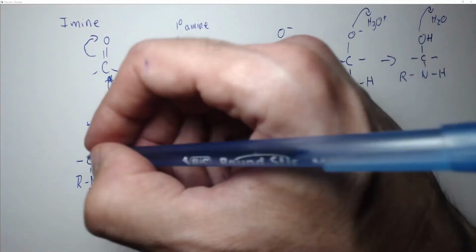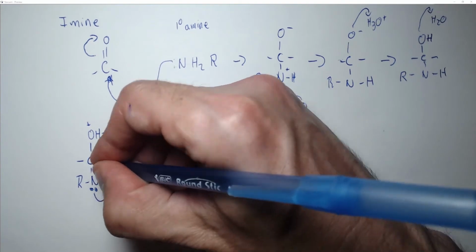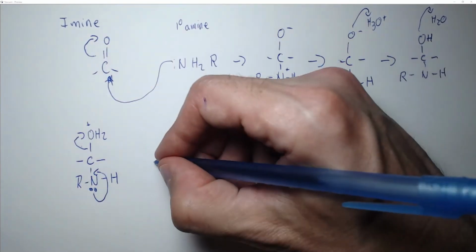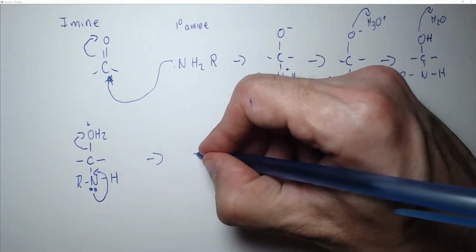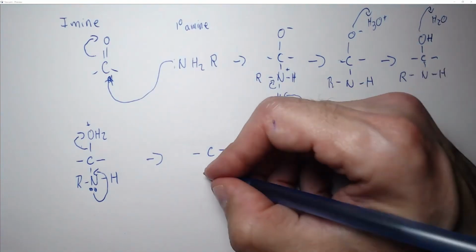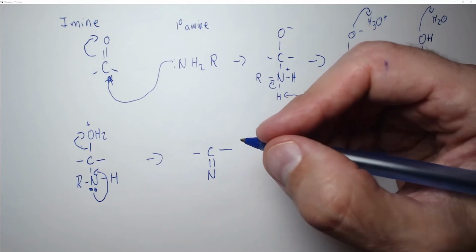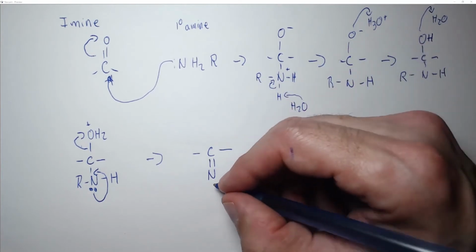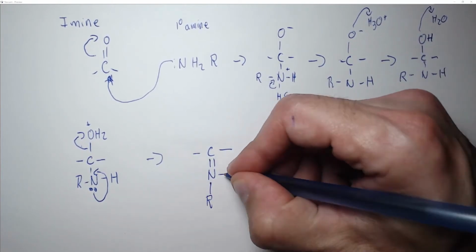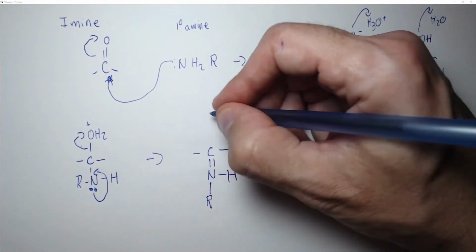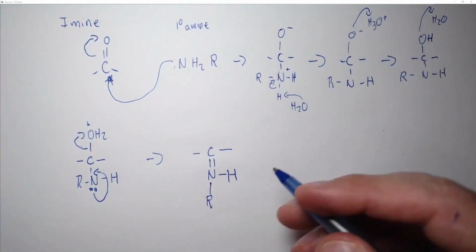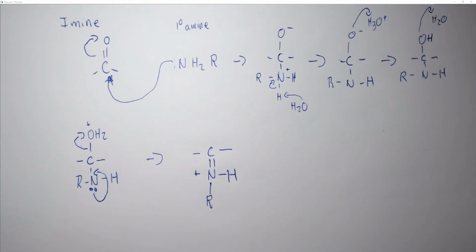Now what happens? We get this to come in, this gets kicked out, and we get a C bonded to two things, double bonded to an N, which is bonded to an R, an H, and there's nothing up here. But now we have a 4 bonded nitrogen, so this is plus.